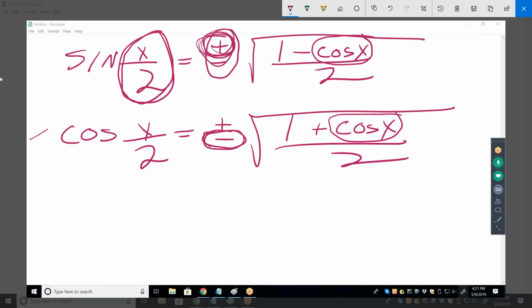In other words, if x was 150 degrees, what quadrant is x over 2 in? The first quadrant. Okay. If x is 260 degrees, what quadrant is x over 2 in?